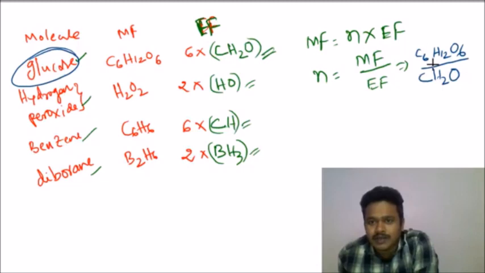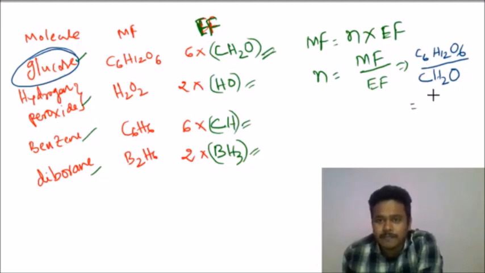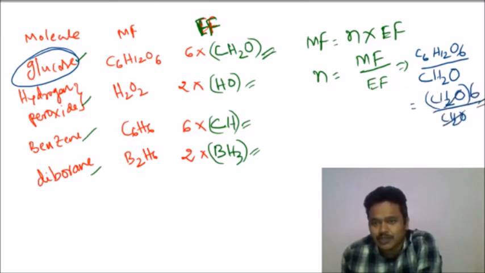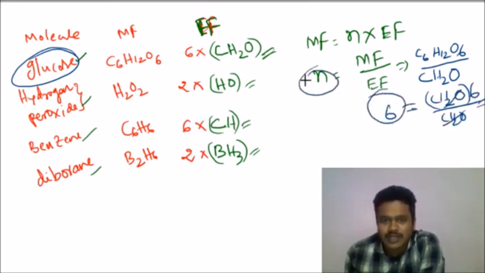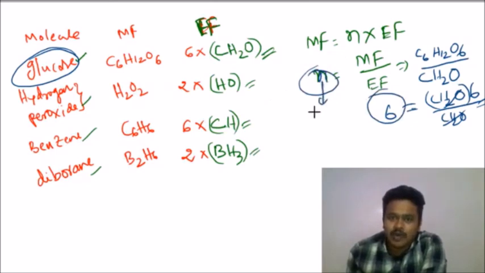We can write this as CH2O into 6 by CH2O. This is the way simply. So the N value will be 6. N is always a whole number. I gave this in the last slide.